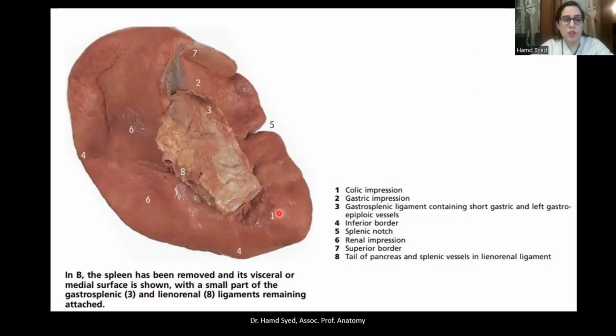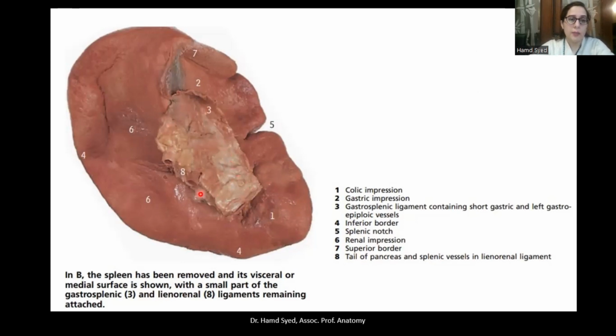Between the colic impression and the lateral part of the hilum of the spleen is a small impression known as the pancreatic impression, and it contains the tail of the pancreas within the splenorenal ligament.